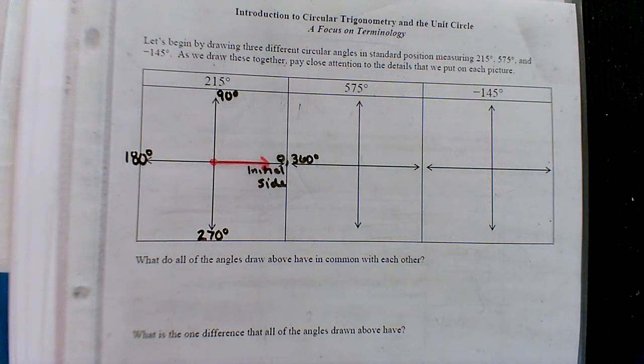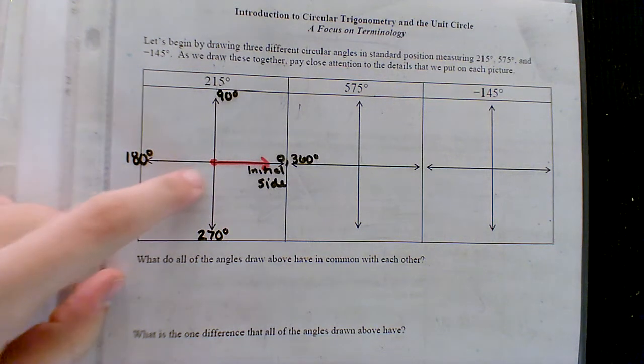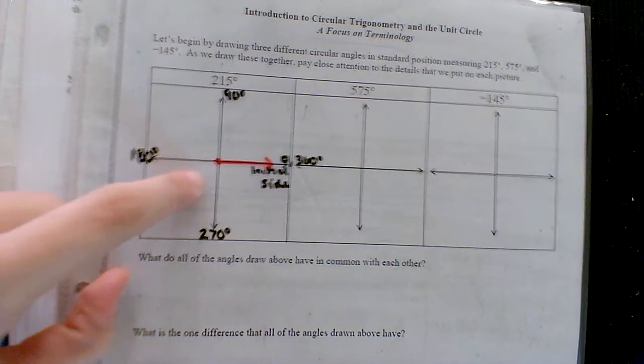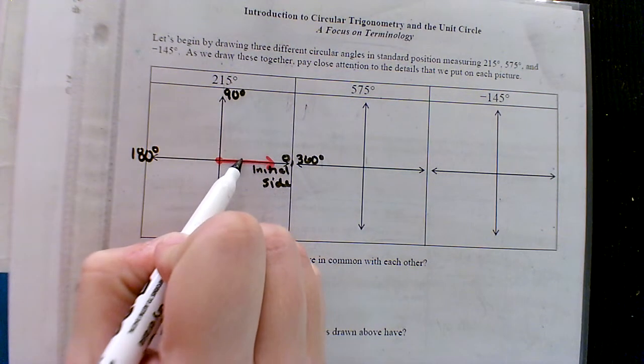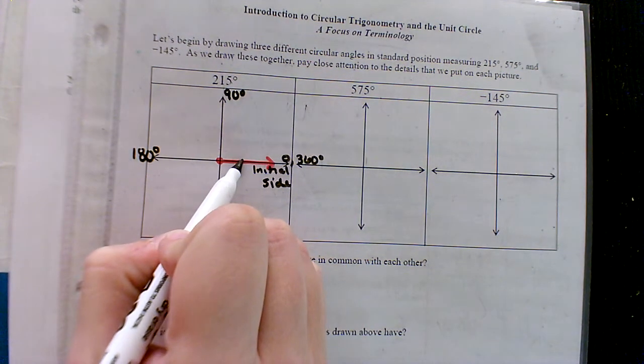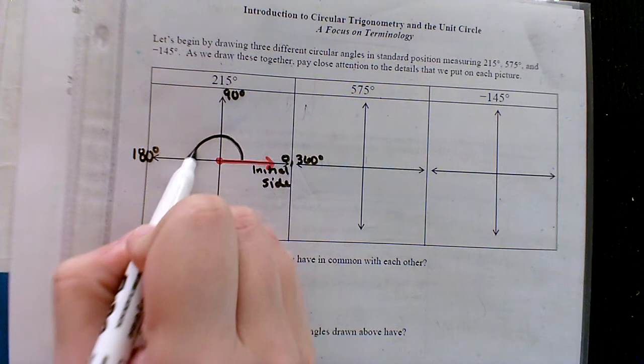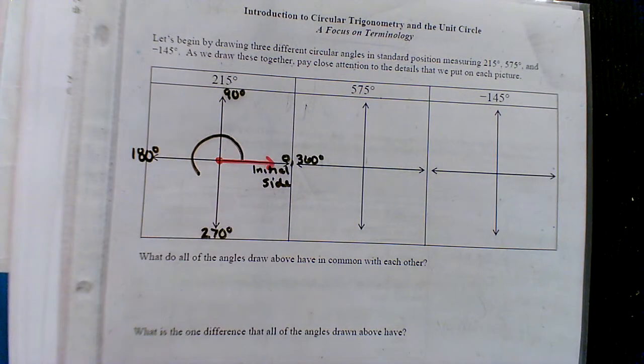Thank you. Based off of how we labeled those different axes, where would 215 degrees land? Can you describe it? What do you think, Rebecca? Probably about halfway between 180 and 270. Somewhere in here, right? Okay, so if I were to draw a 215 degree angle, I'm going to start my pen on that initial side, and I'm going to loop it around however far I think that 215 degrees is.